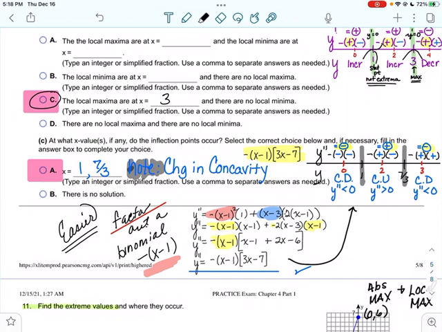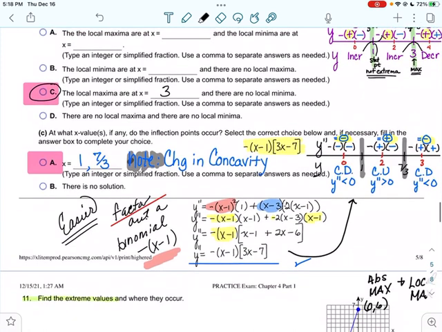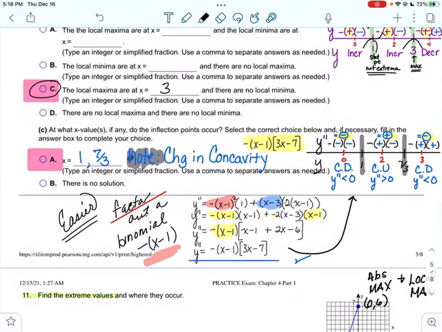That's very important for the AP exam, that when you say that it is an inflection point, you have to support it, not with that whole number line, but you're actually going to have to say x is equal to 1 and 7/3 because y double prime changes sign. And you can say how it changes, but at x is equal to 1 and 7/3.